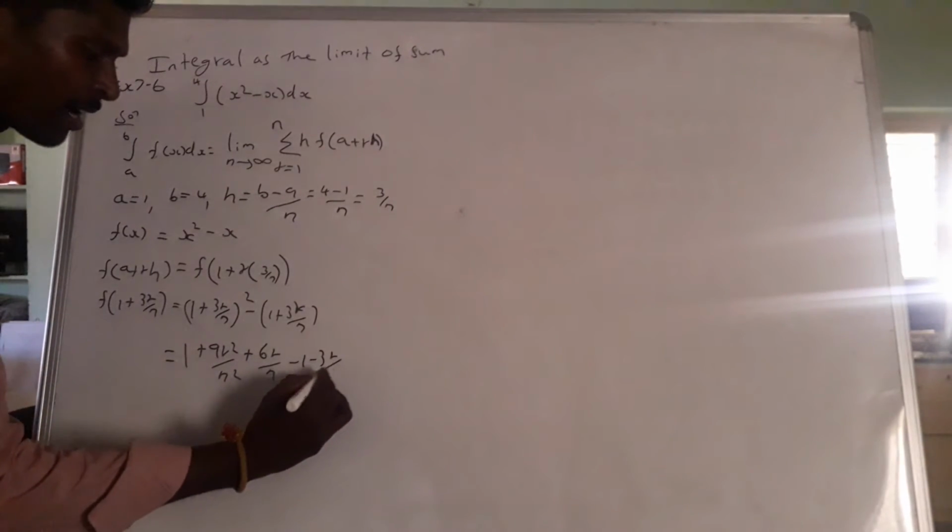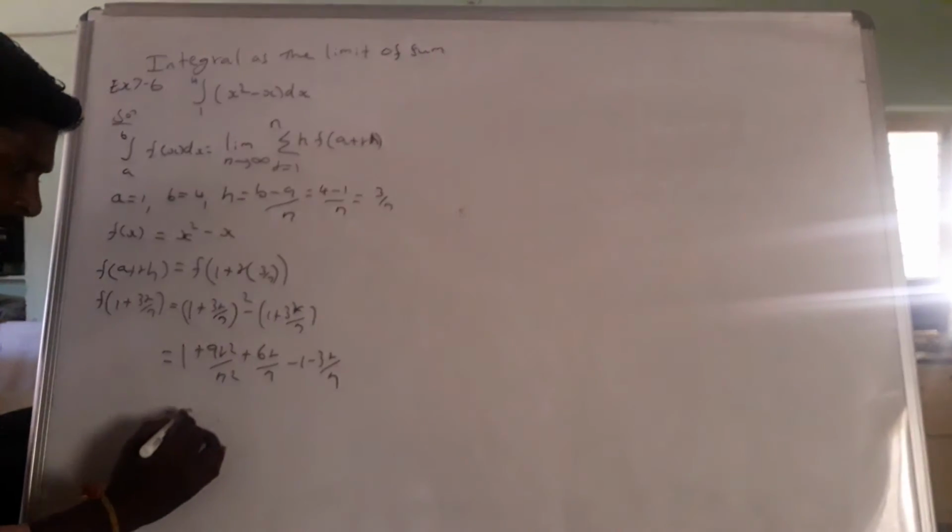Now multiply the minus: minus 1 minus 3r by n. So plus 1 minus 1 cancel. If you eliminate, it becomes 9r square by n square plus 3r by n. This is f of 1 plus 3r by n. We expanded the term.